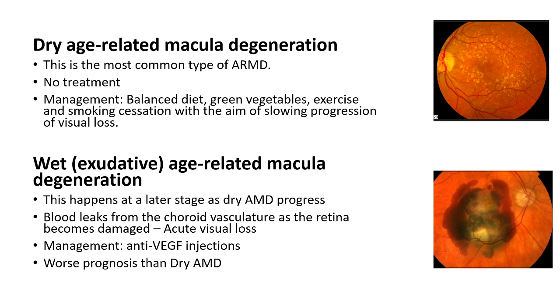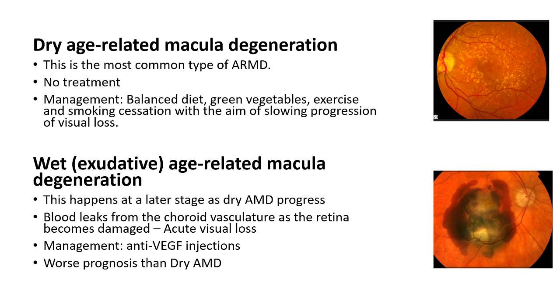Wet or exudative age-related macular degeneration is the less common form. As dry AMD progresses, neovascularization may occur at the choroid with subsequent hemorrhage into the retina due to leakage of blood. This is the reason why it is called wet.